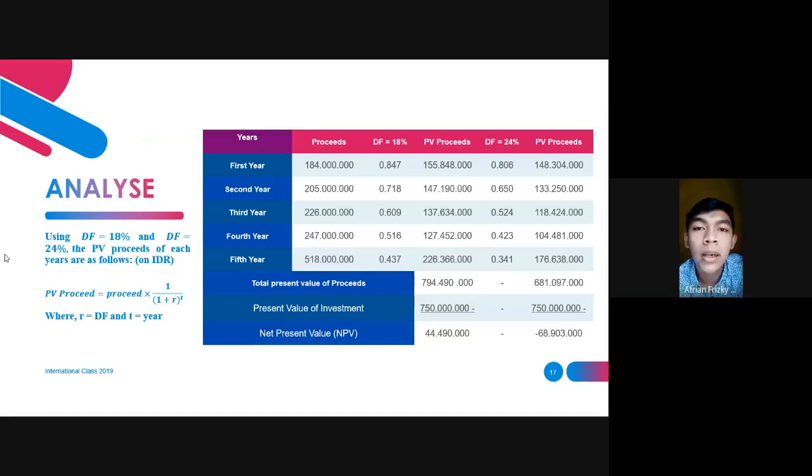Remember that the discount factor of 18% was calculated in the NPV method.